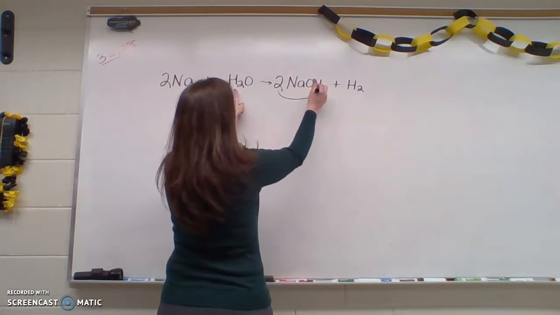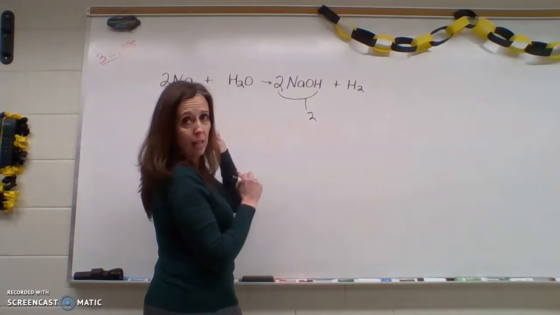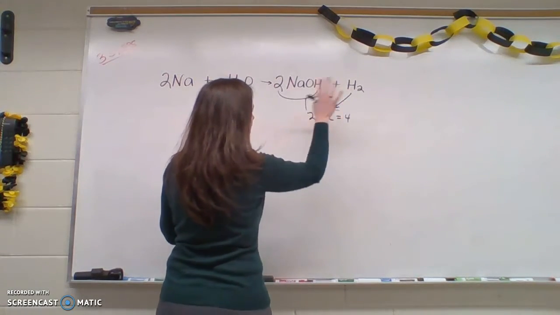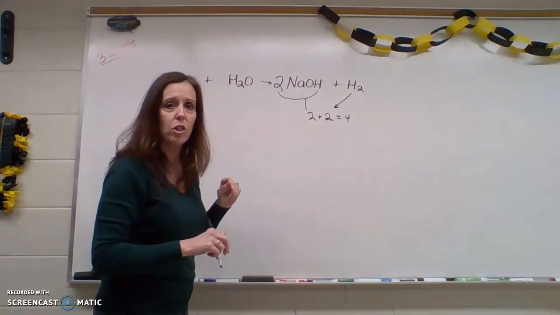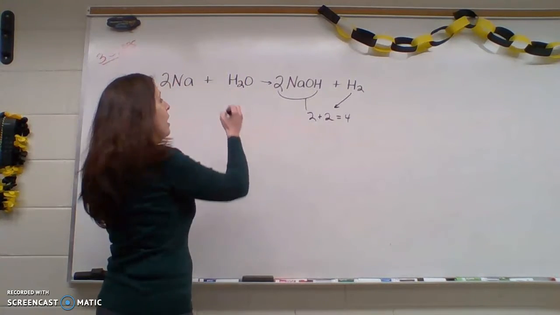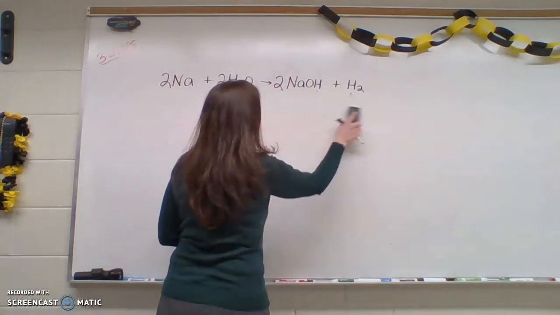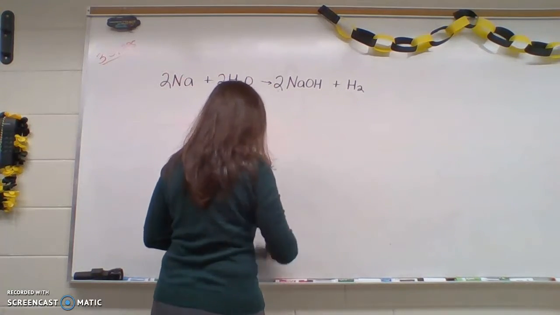I've got 2 hydrogens there, plus I've got those 2. So on this side I really have 4 hydrogens. So to get 4 on this side, I put a 2 in front of it. 2 oxygens, 2 oxygens, I am good to go.